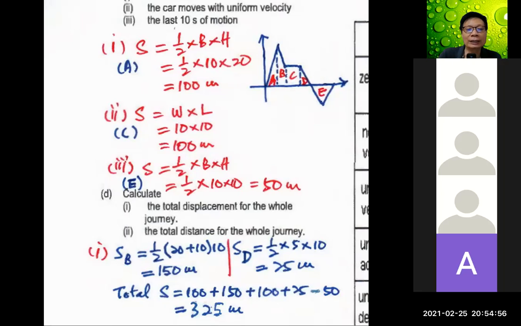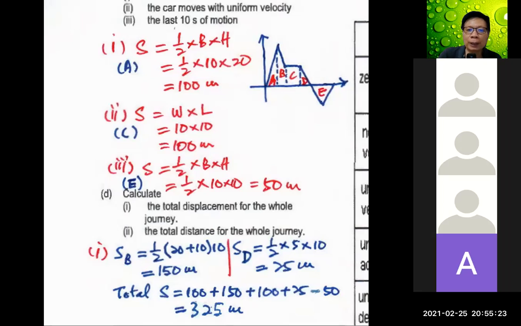Bernard asked a question, he said, why is the displacement not equal to 0? The object goes back to the original position. Okay, Bernard, if the graph is displacement over time, then when we go back to the original point, you can say displacement is 0.